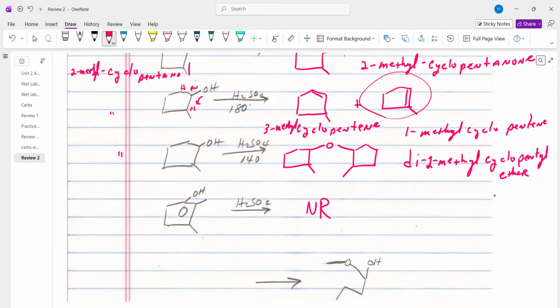Only in a basic or alkaline environment will that hydrogen be pulled off. In an acidic environment, nothing happens. So this is a phenol.